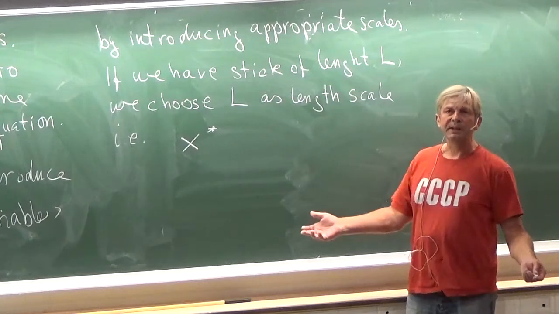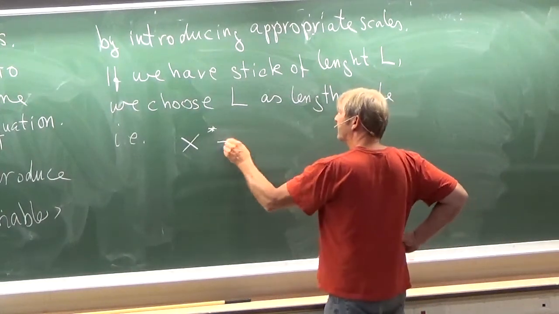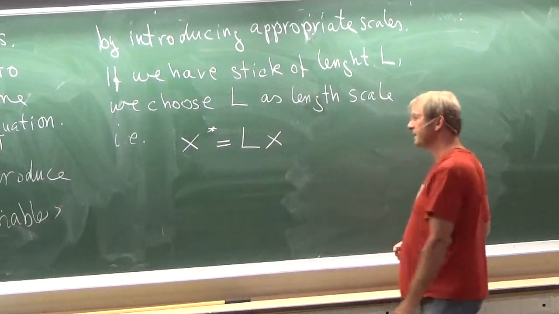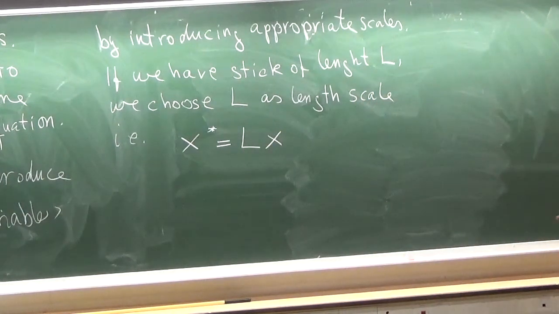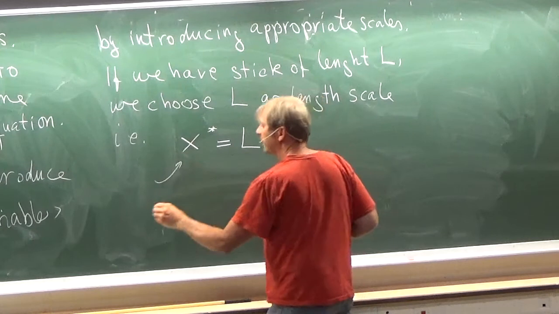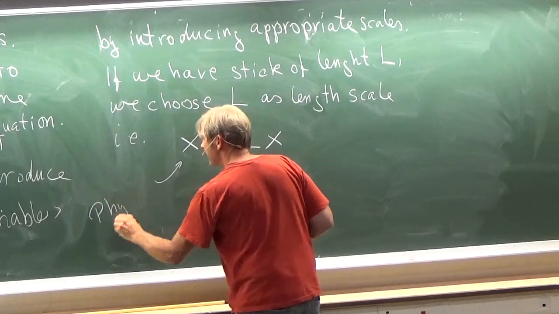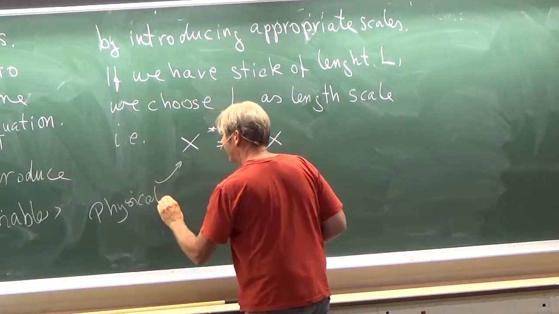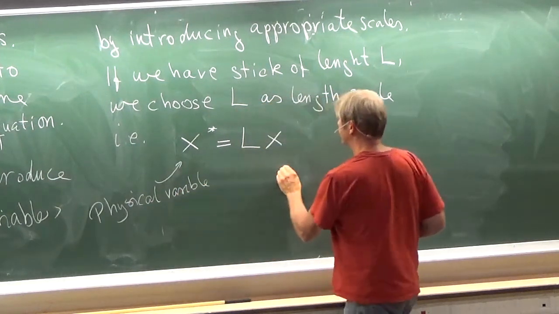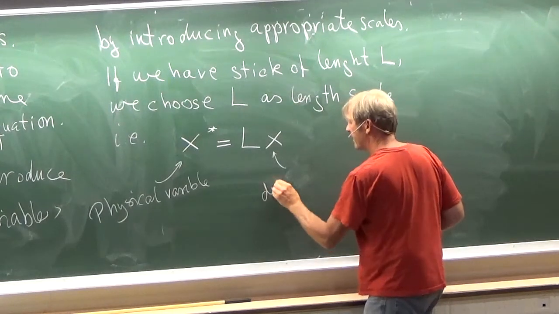And if the stick is 20 meters long, L, we write this x star as L times a dimensionless number x, which then will vary between 0 and 1. So this is the physical variable, and this is the dimensionless.